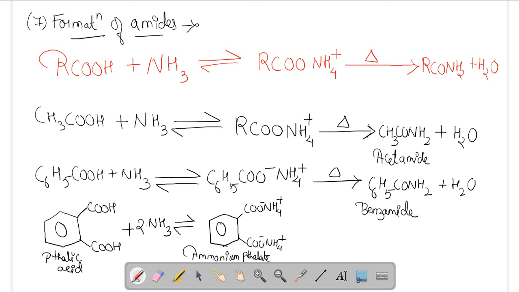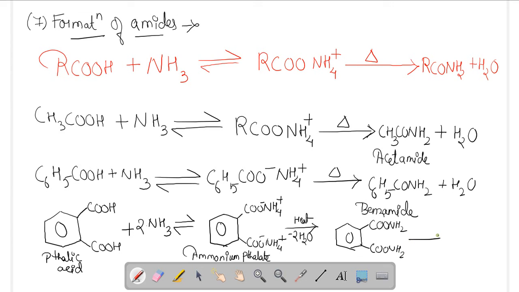Further, on heating, the removal of two water molecules will take place, and phthalamide will be formed, with COONH2 and COONH2.